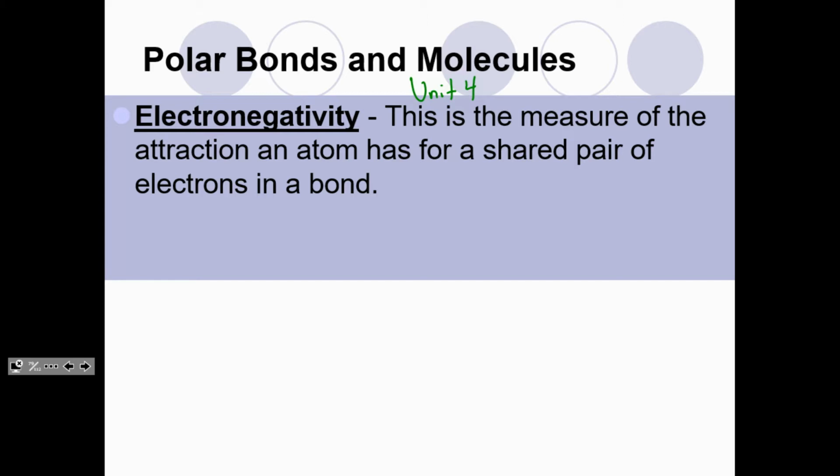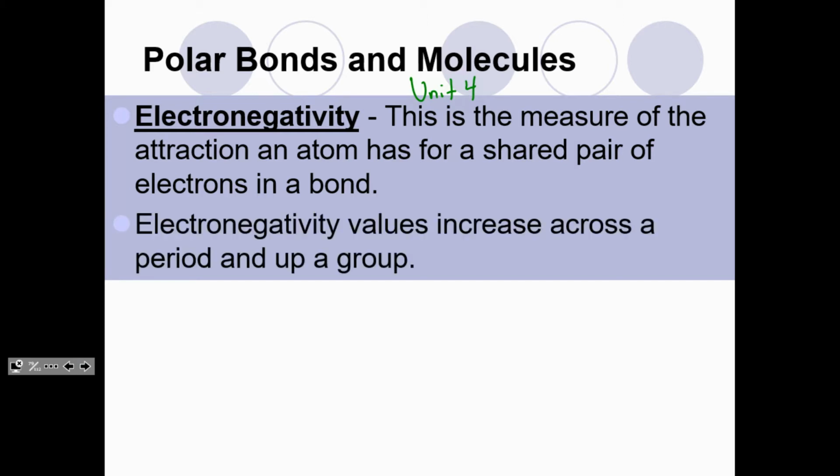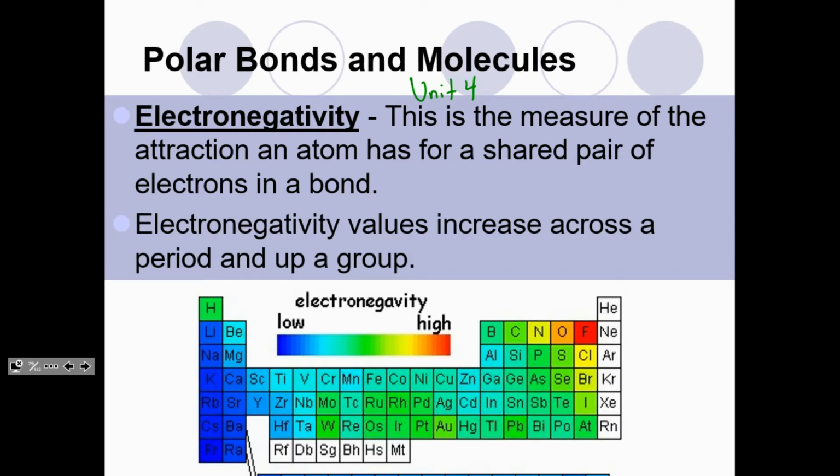So if we remember correctly, electronegativity values increase across a period and up a group. Using colors as a visual, we can see that, generally speaking, there are some exceptions. When we move across a period and up a group, we increase in electronegativity value. We increase in the amount of attraction that an atom has.